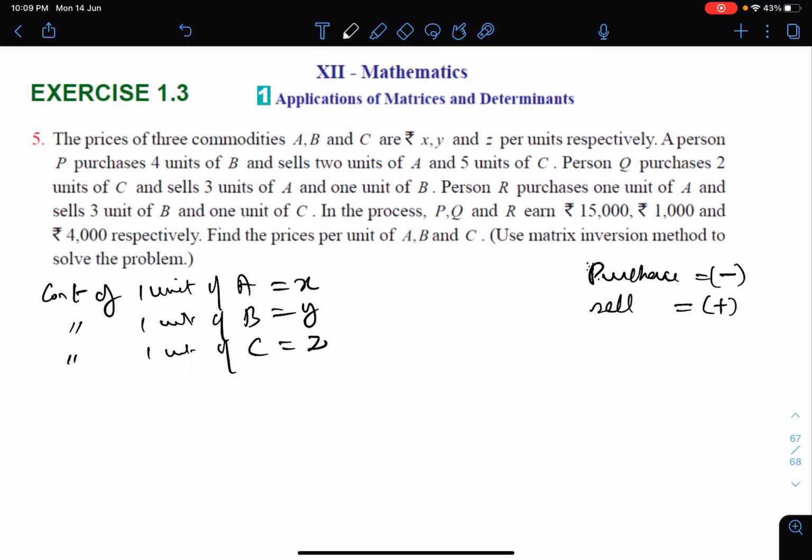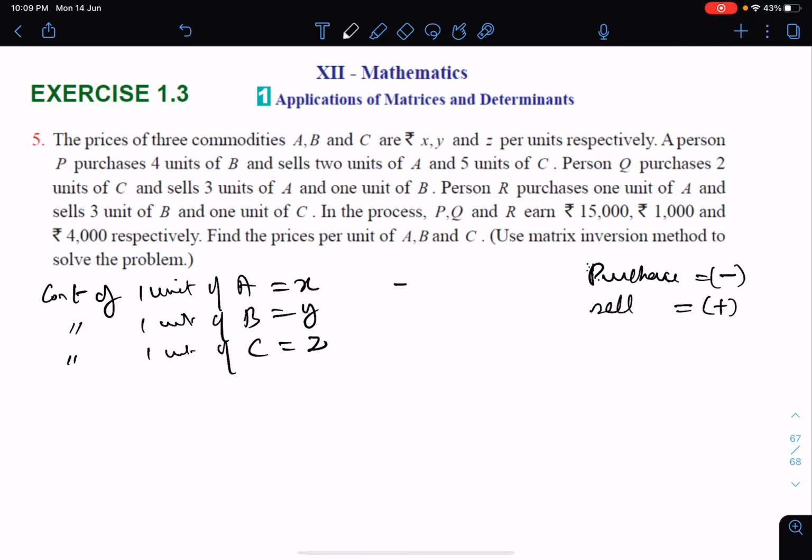For B it is minus 4, it is a purchase, so it is going to be minus 4Y, and sells 2 units of A, 2X, and 5 units of C, so 5Z. How much is his earning?